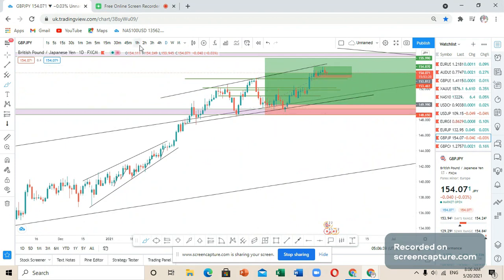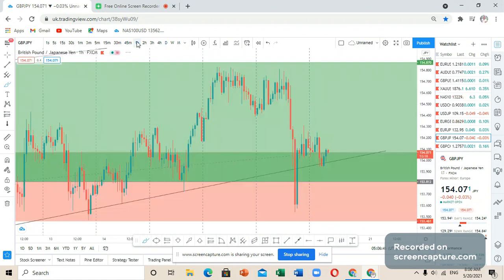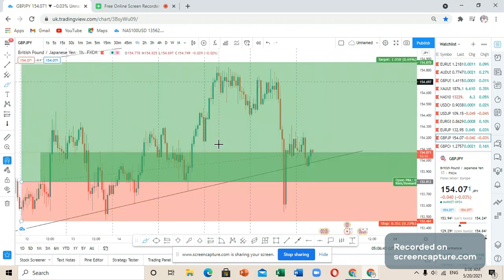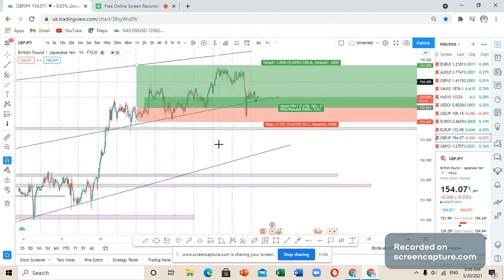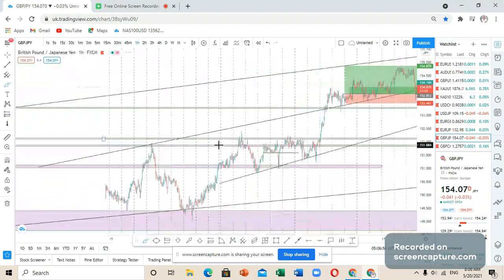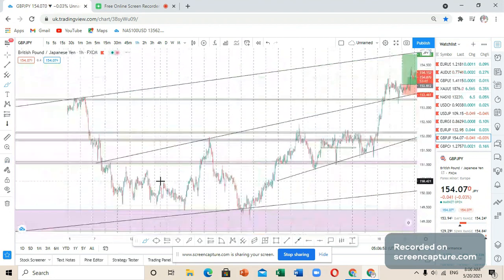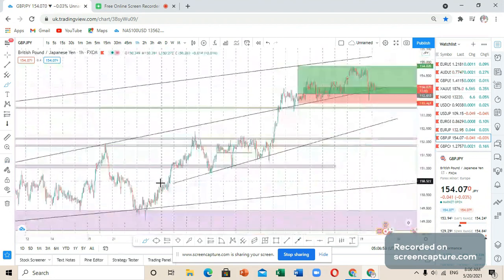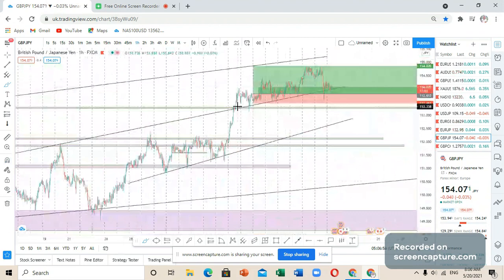So let me move to an hourly time frame. From the hourly time frame, you can now clearly see how the markets have been creating those patterns after experiencing a breakout. So that is how the markets have been moving. We have been having this breakout here, having this movement here.